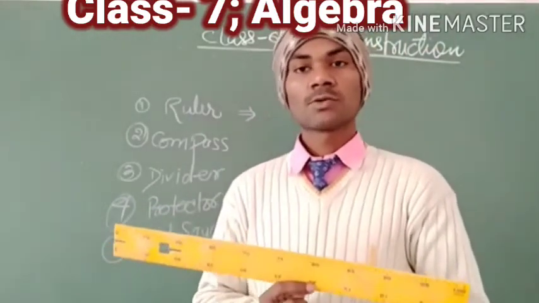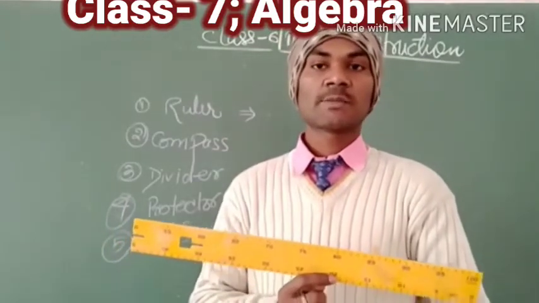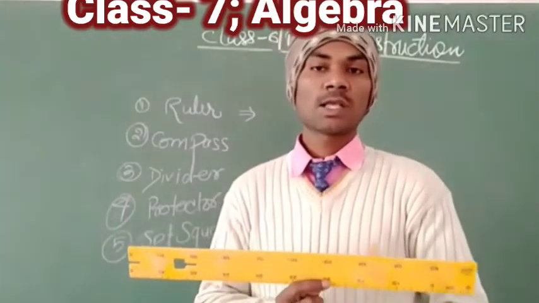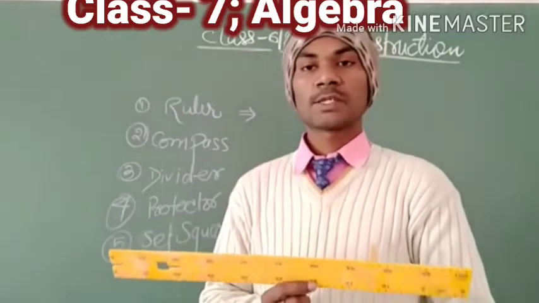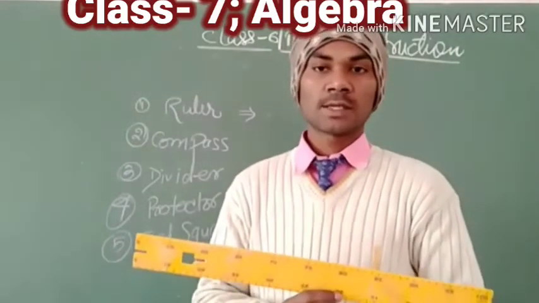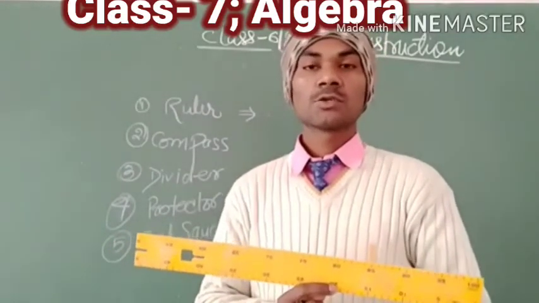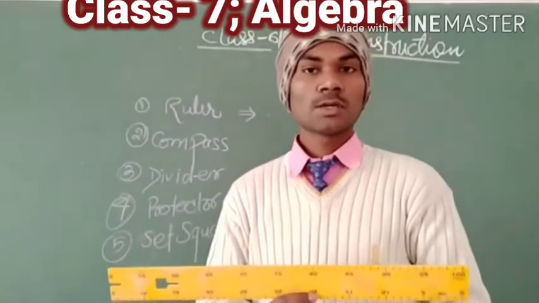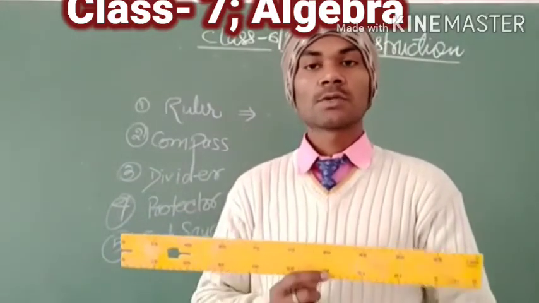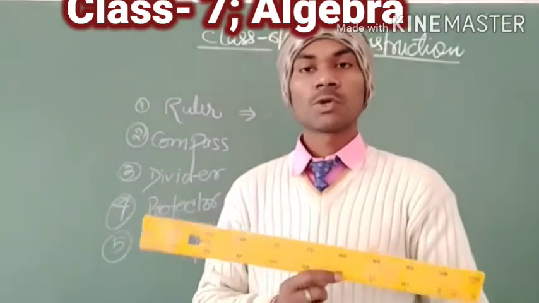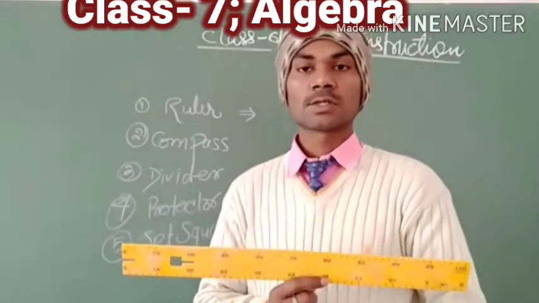This tool is used to draw a straight line segment, as well as for the measurement of a given line segment. So this is a very important tool for construction.